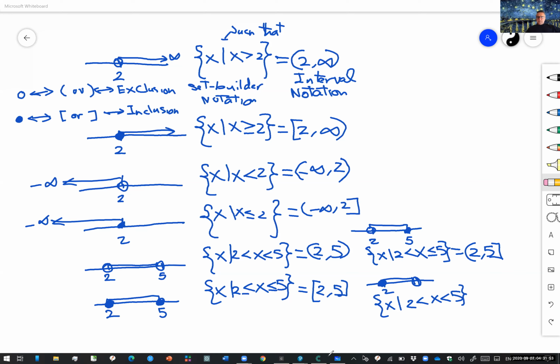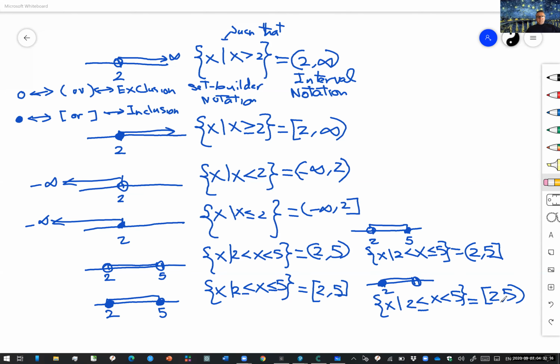Which one? The first one or the second one? The first one. Exactly, okay? And what will be the interval notation? So bracket 2 comma 5 parentheses. That's it, okay? Just like that.